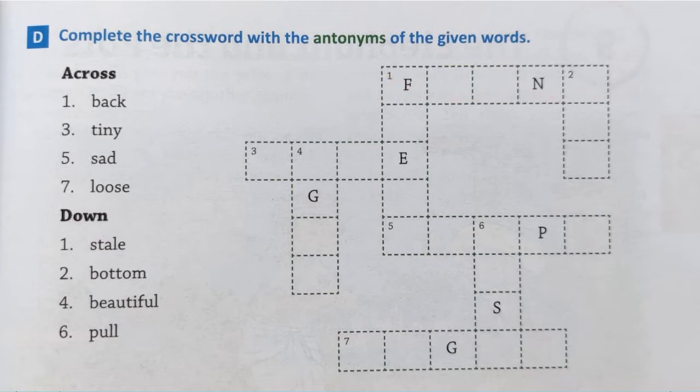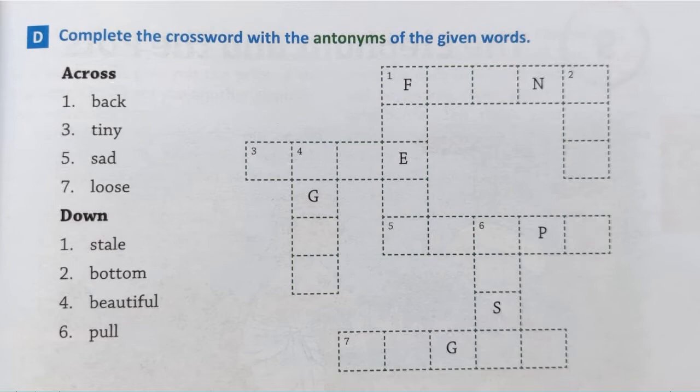Then three across here. Then five across here. And the last one, 7 across here. Same way, 1, 2, 5 and 6 down. So before we start, we will read the words, find out their antonyms. Write them down next to the word and then we will write it in the crossword.